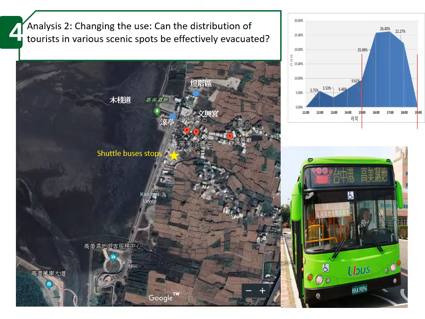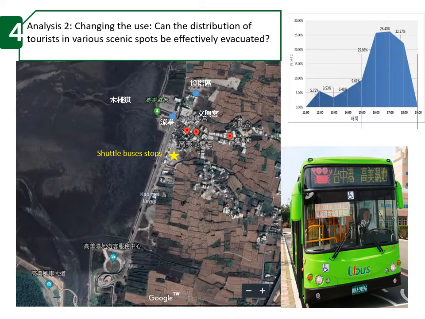For the analysis tool, we try to use changing the use idea. Generally speaking, visitors enter our reserve area in peak hours after 2 o'clock in the afternoon. One of the reasons for crowding in Gaomei is that too many users drive by themselves.